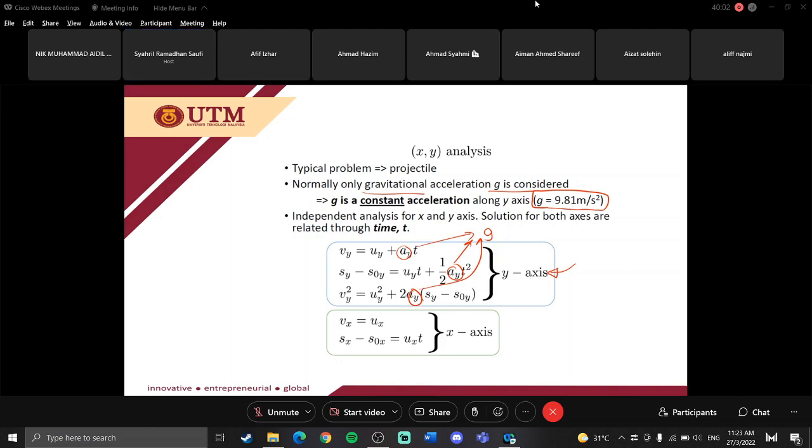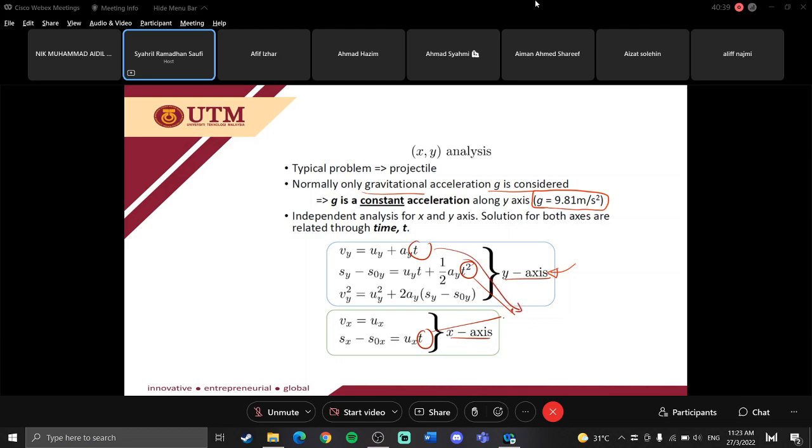In the independent analysis for the x and y axes, the solutions for both axes are related through time. What we can relate between the y and x axes is the time. The time taken along y and x should be the same. So if you want to relate the motion of the particle, you can relate the y and x axes in terms of time, so you can relate these equations together.